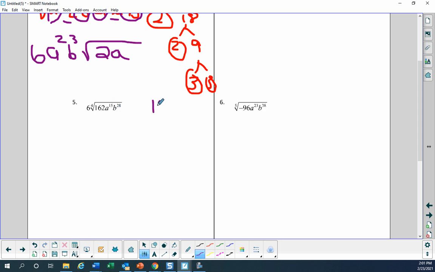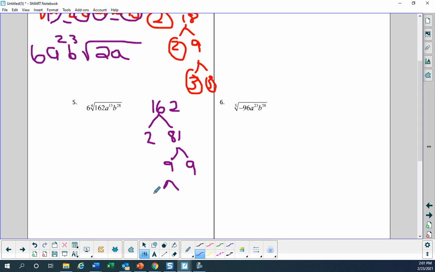So I'm going to take 162 and then try to find the prime factor of 162, right? So what's 162 divided by 2 is 81, which I know this is going to be 9 times 9.